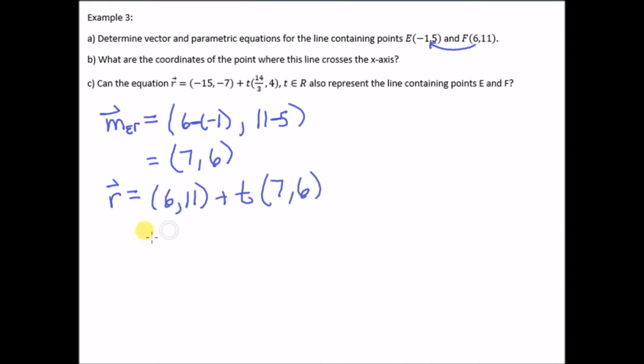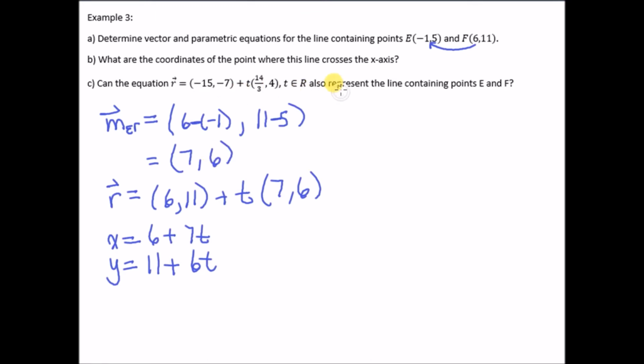So we can write the vector equation like this, or the parametric equations, where we take 6 and 11, and we write the 6 pertaining to the x's, and the 11 pertaining to the y's, and then plus 7t or plus 6t. 7t for the x's, 6t for the y's. So there are the vector and parametric equations for this line.